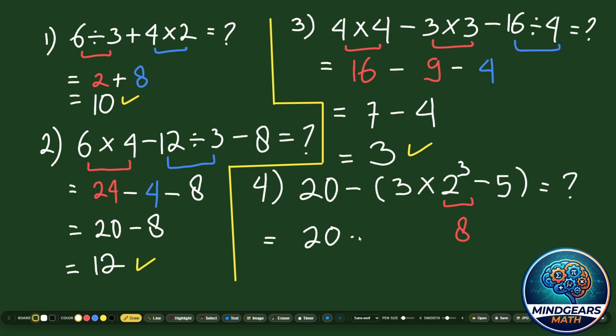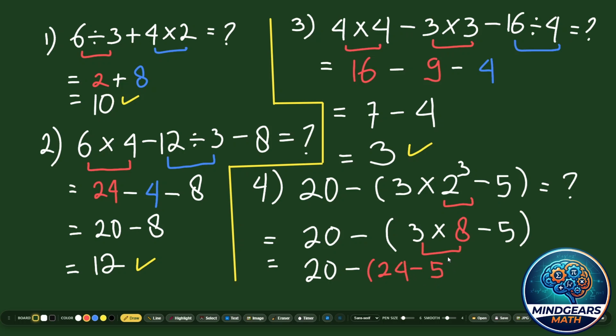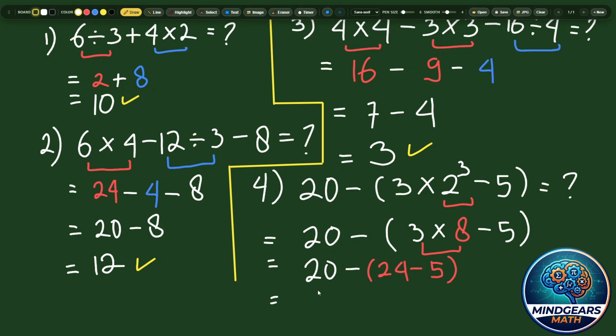Now the problem becomes 20 minus 3 times 8 minus 5. Three times 8 equals 24. 20 minus 24 minus 5. 20 minus 19 equals 1.